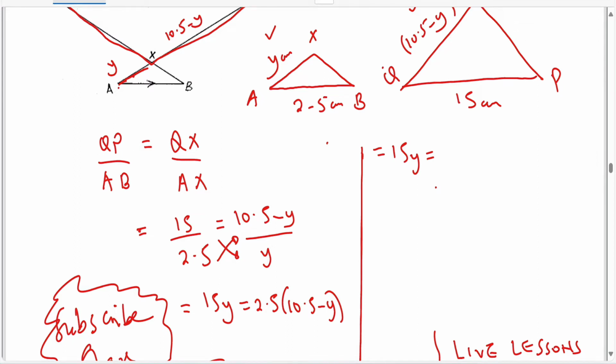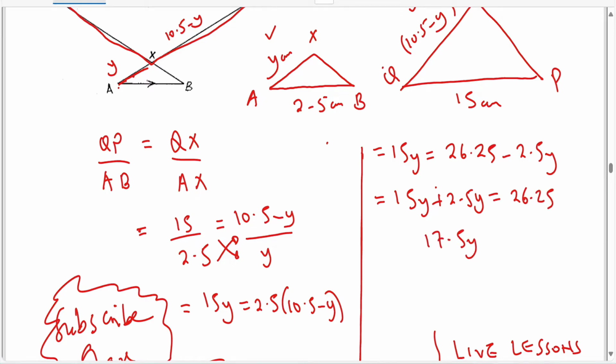Okay, 2.5 times 10.5 is 26.25. Is it correct? Yeah, I hope it's correct. So 26.25 minus 2.5y. Okay, so collect the like terms, so it becomes 15y plus 2.5y, add hizi mbili itakuwa 17.5y equal to 26.25.